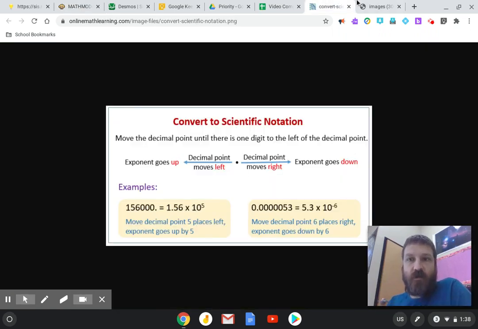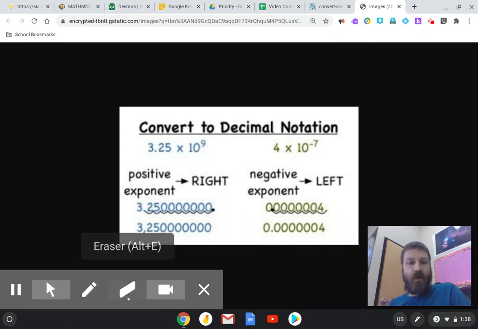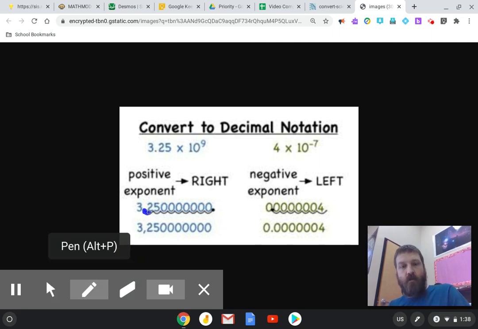So let's look at how that works. Well, here, if I had this number, 3.25 times 10 to the 9th, it tells me to take that decimal 1, 2, 3, 4, 5, 6, 7, 8, 9 spaces.